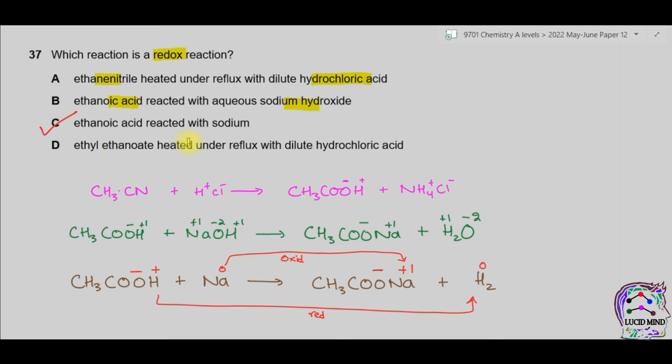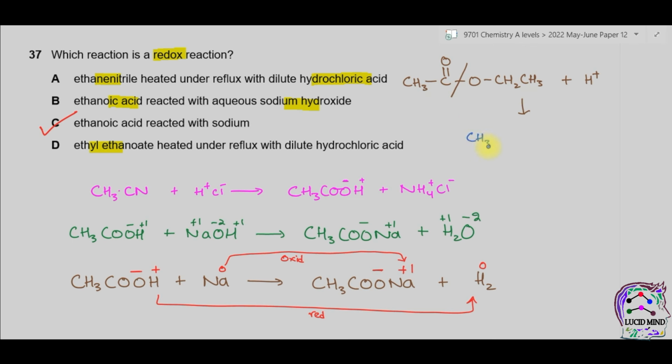Part D, ethyl ethanoate is heated under reflux with dilute hydrochloric acid. Now this is an ester. We have 2 carbons on one side, CH3, C double bond O. We have 2 carbons as it is ethyl on the other side, so CH2, CH3. Heated under reflux means that this ester is going to get broken down. This carbon oxygen bond will be broken and it will form a carboxylic acid and an alcohol.